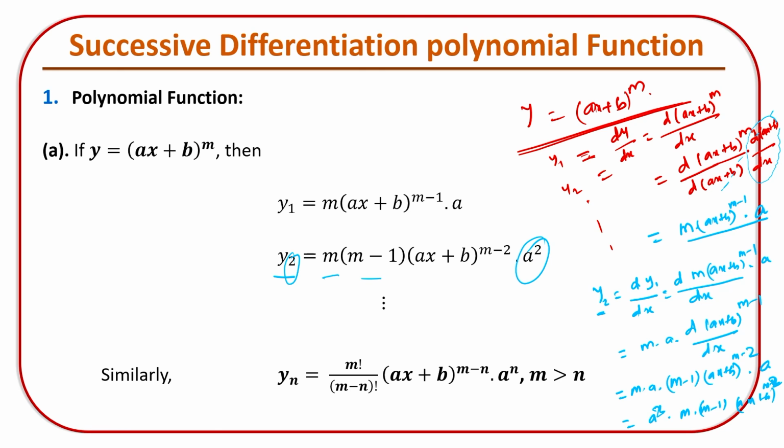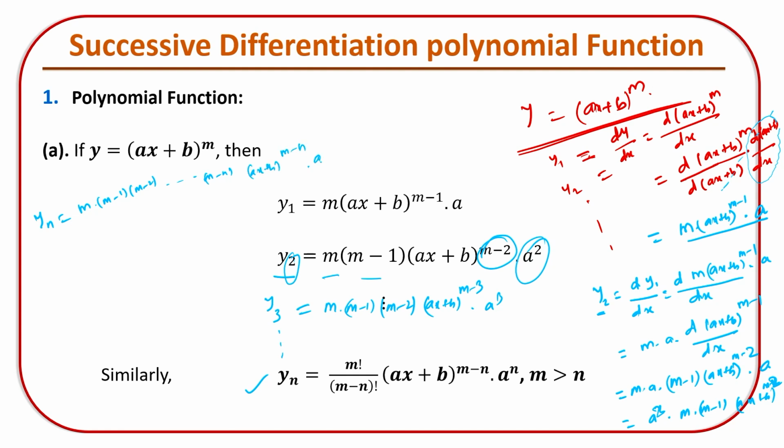Similarly, can you find y3? y3 is nothing but m into (m minus 1) into (m minus 2) into (ax plus b) power m minus 3 into a cube, right. So based on this, can we find yn? yn is nothing but m into (m minus 1) into (m minus 2) till (m minus n plus 1) into (ax plus b) power m minus n into a power n.